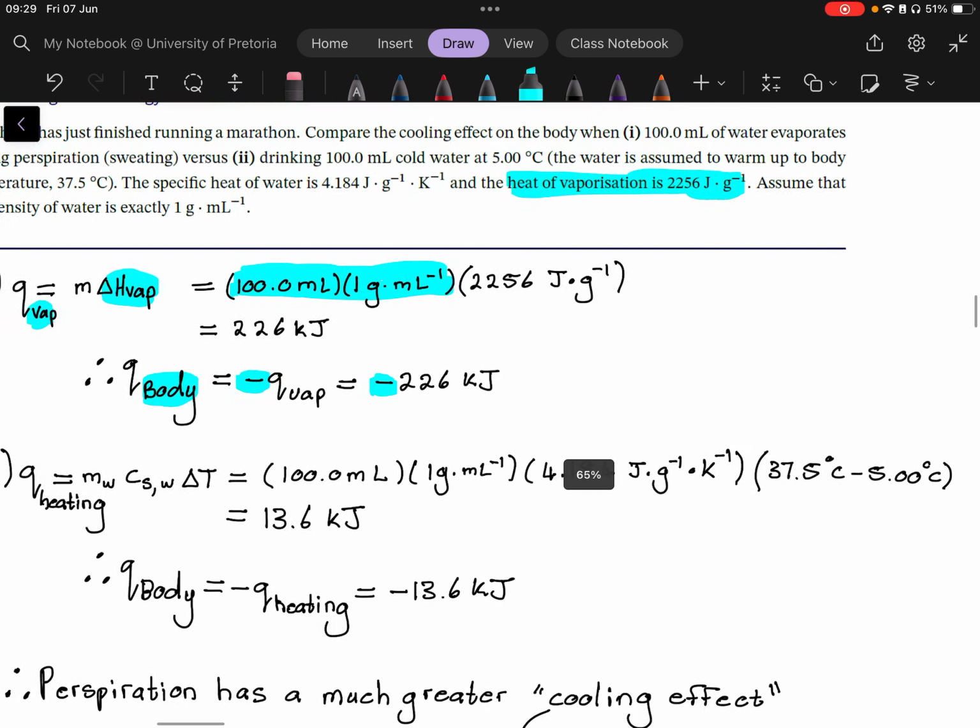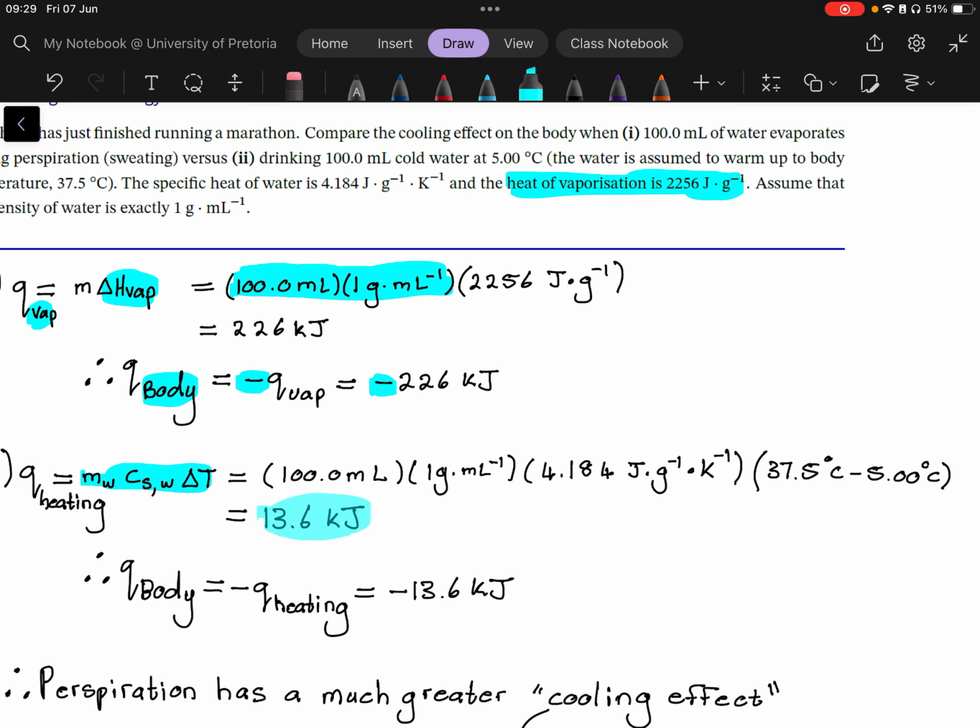So you use q = mcΔT, and you will calculate that the water needs to absorb 13.6 kilojoules of energy to heat by 32.5 degrees Celsius. That means the body needs to expend 13.6 kilojoules. In other words, the heat of the body is minus 13.6 because it releases 13.6 kilojoules.